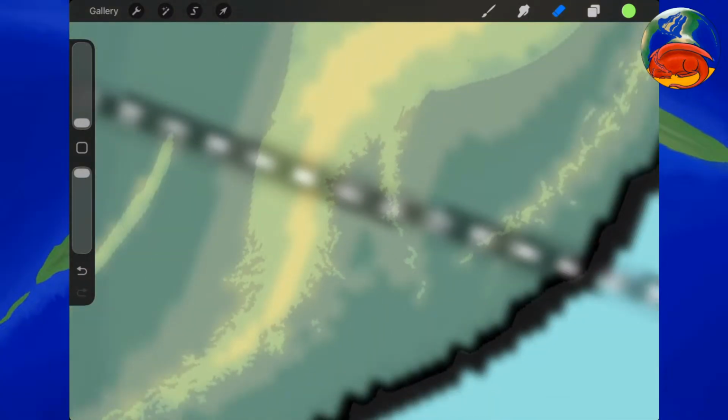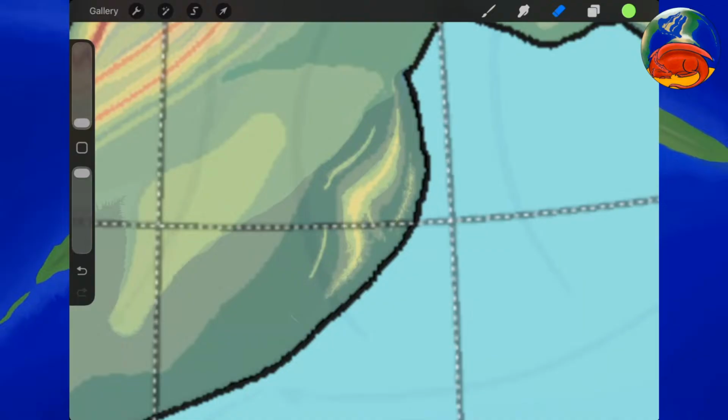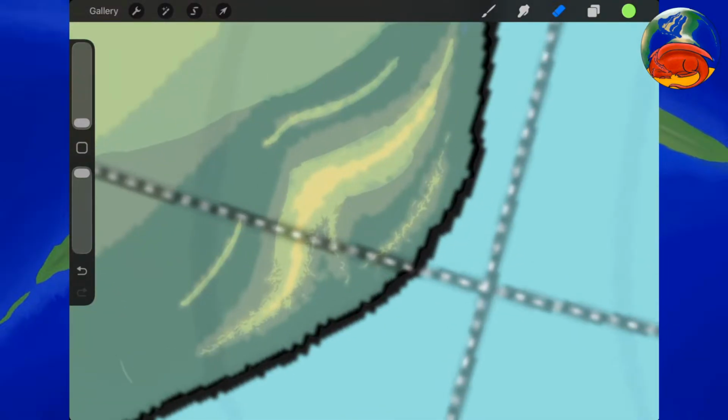I think that bends in a bit. That looks pretty great.